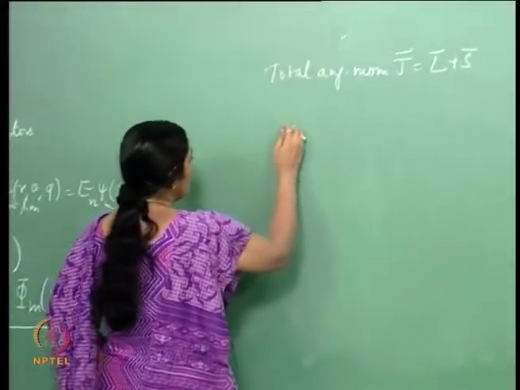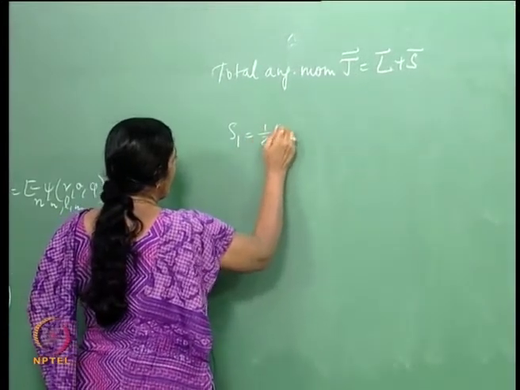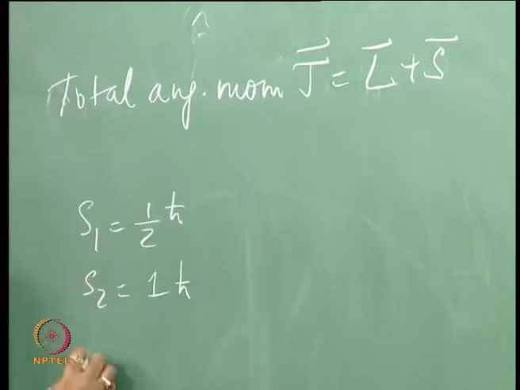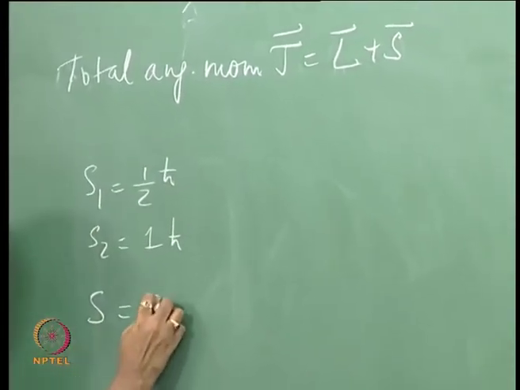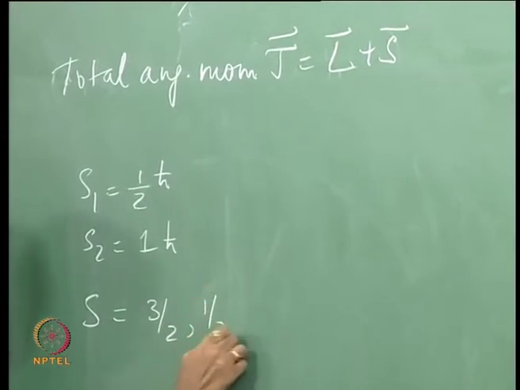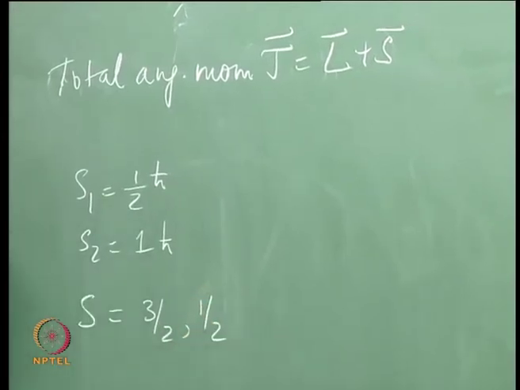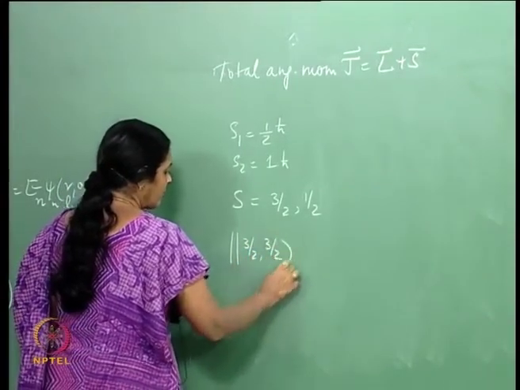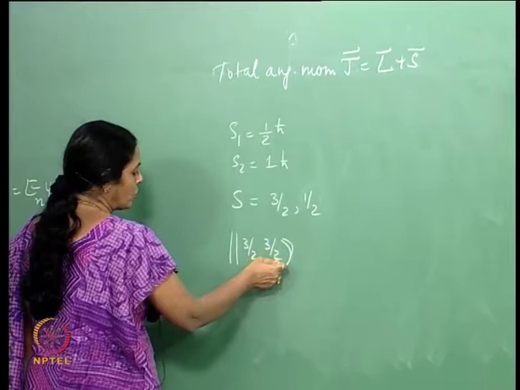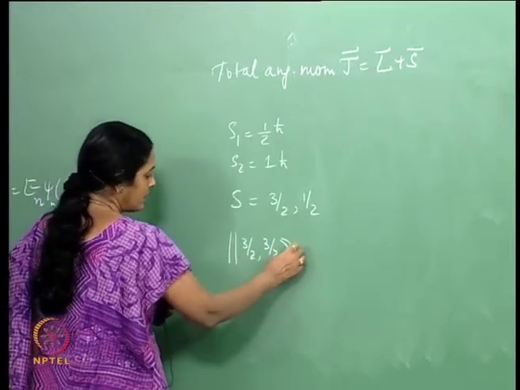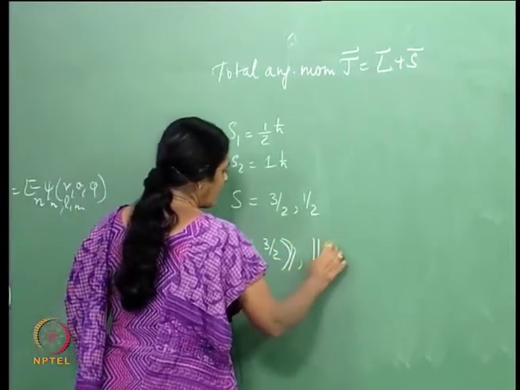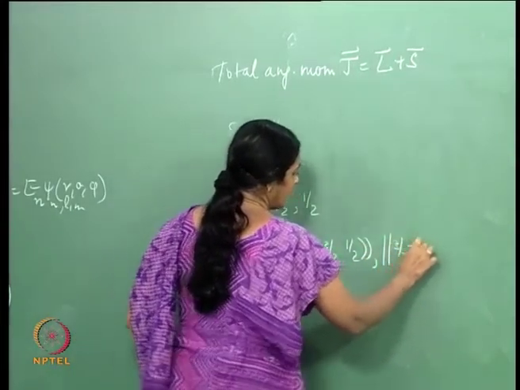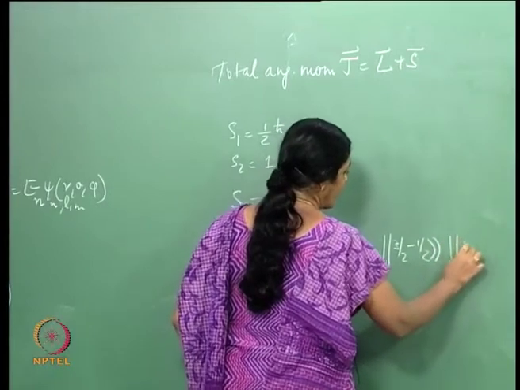For instance, when you had S1 as half h cross and S2 as say 1 h cross, where S1 and S2 are two spins, S could take values 3 by 2 and half in units of h cross, and therefore the coupled state of spin in my notation, double braces, would have S taking values 3 by 2, with 3 by 2, half, 3 by 2, minus half, and 3 by 2, minus 3 by 2.